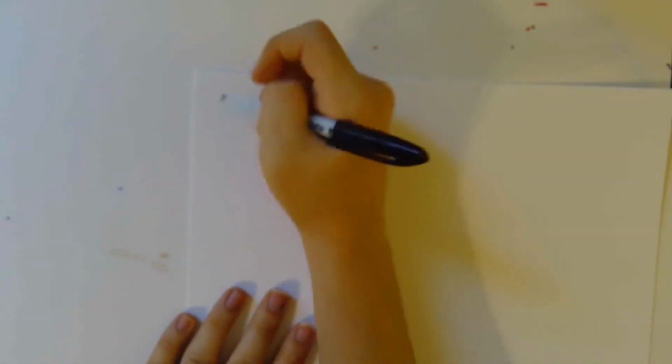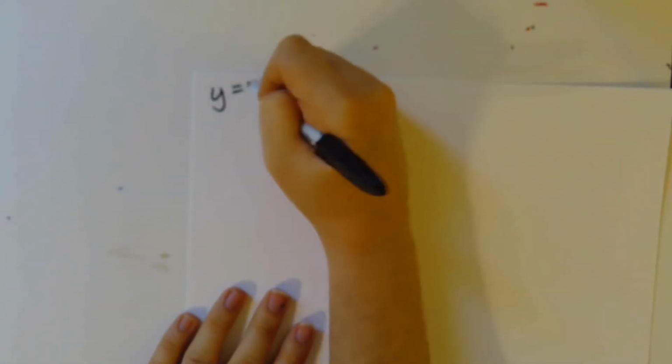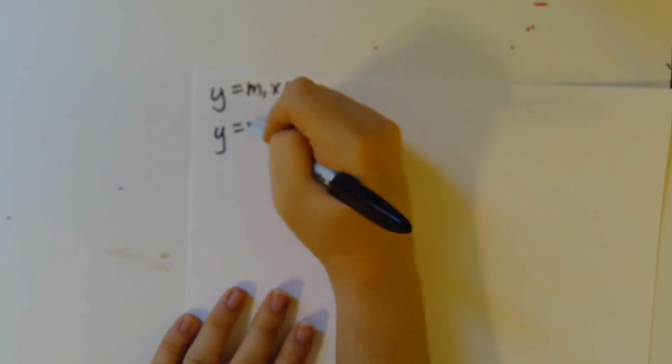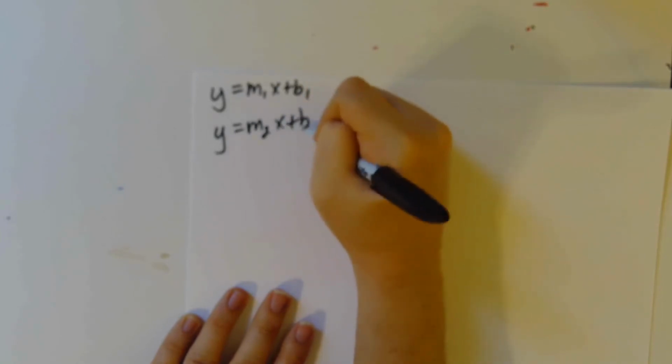So I want to solve the system of equations, y equals m1x plus b1, and y equals m2x plus b2.